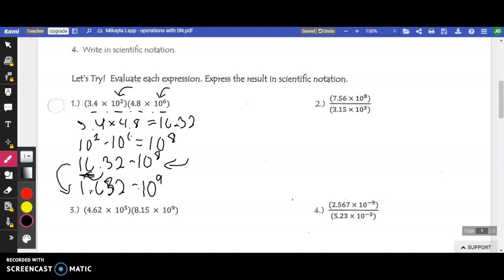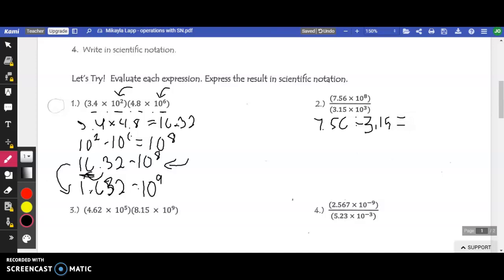Okay? For problem number 2, the steps are all the same, you just have to remember that with division, instead of adding your exponents, you're going to subtract your exponents. So first we're going to do 7.56 divided by 3.15. And again, this is where I'm using my calculator. 7.56 divided by 3.15 equals 2.4.